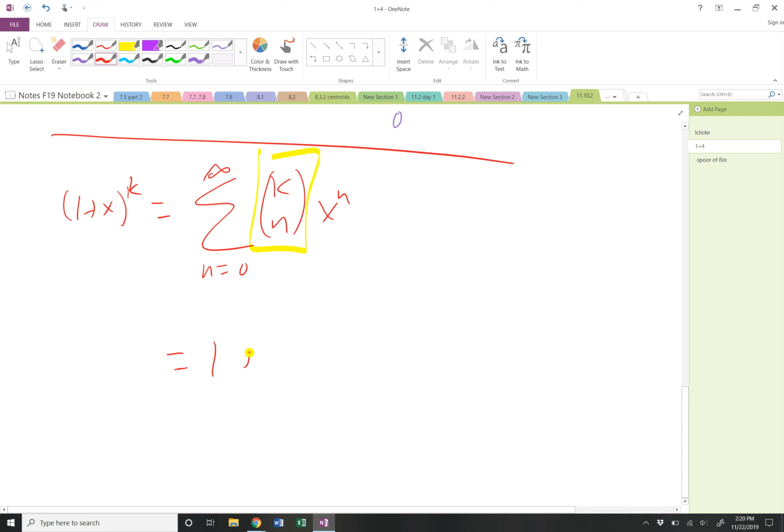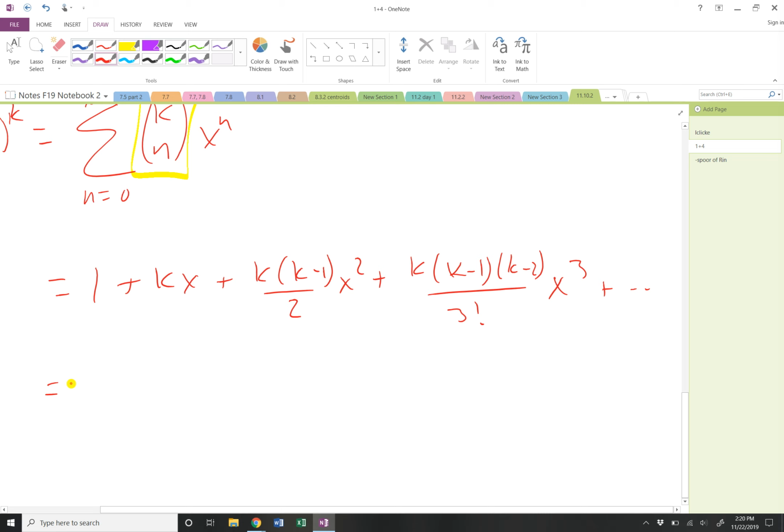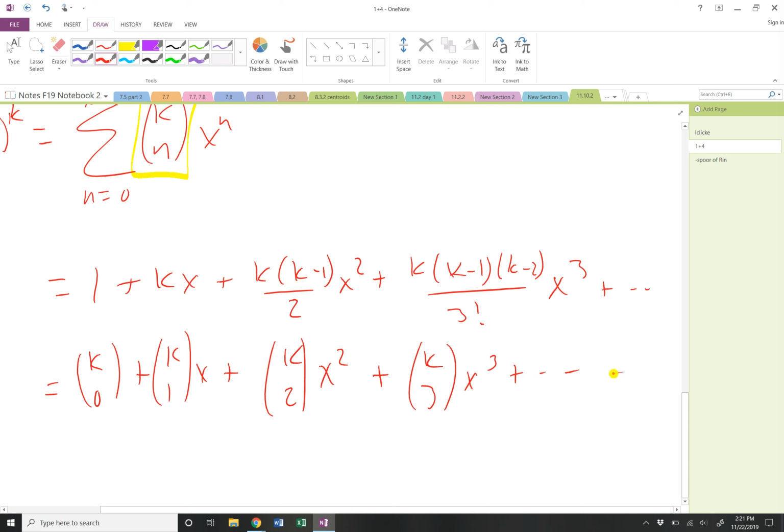This series is 1 plus kx plus k times k minus 1 over 2 x squared plus k times k minus 1 times k minus 2 over 3 factorial x cubed, and you just keep on going. So that is the same as writing down k choose 0 plus k choose 1 x plus k choose 2 x squared plus k choose 3 x cubed, etc. Okay?